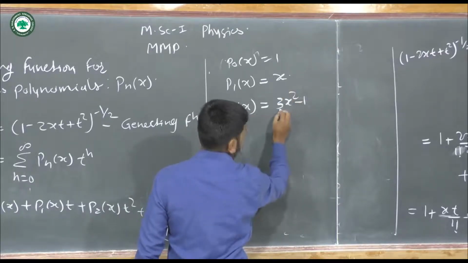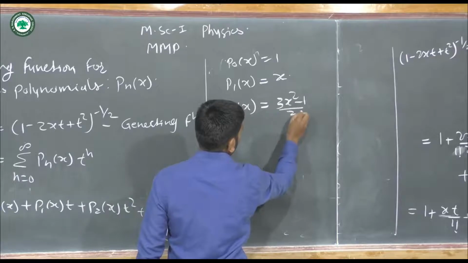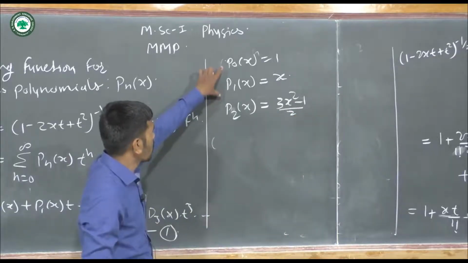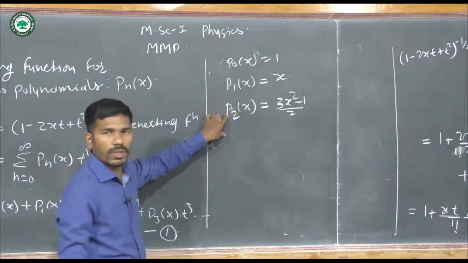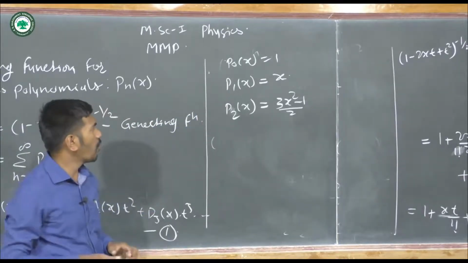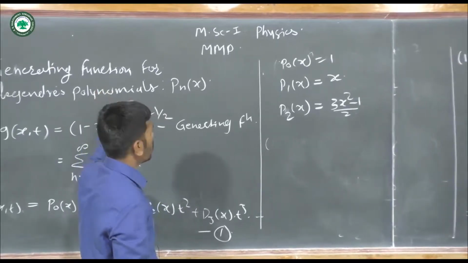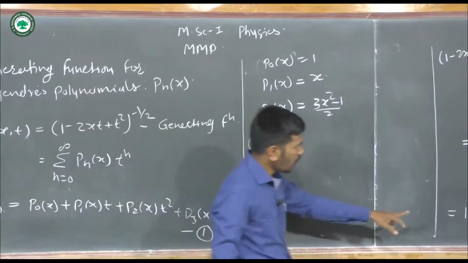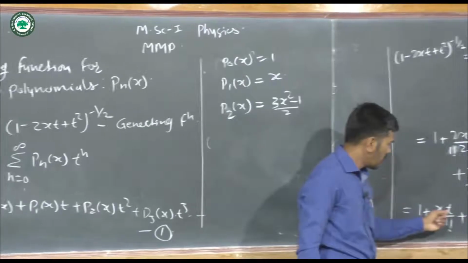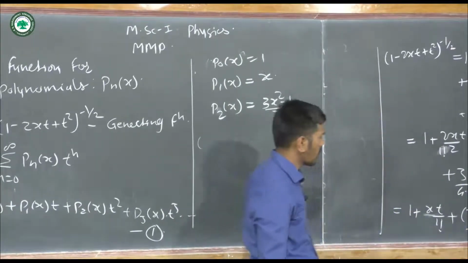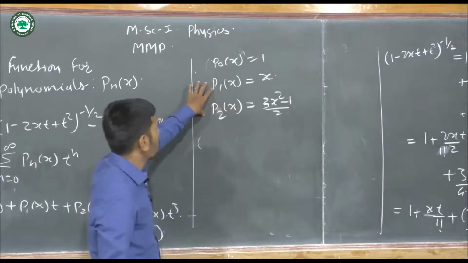Here is 1 factorial, here is a 2. So this P naught, P1, P2 are nothing but Legendre polynomials. These are the coefficients of t: t power 1, t power 2, t power 3, like that. So these are the Legendre polynomials.